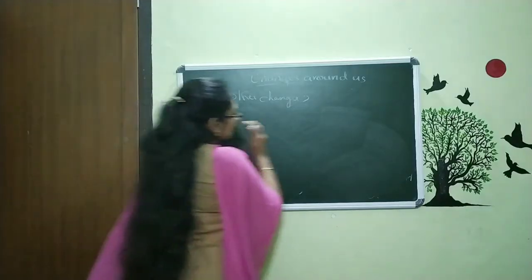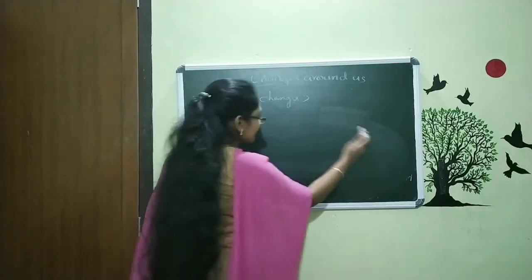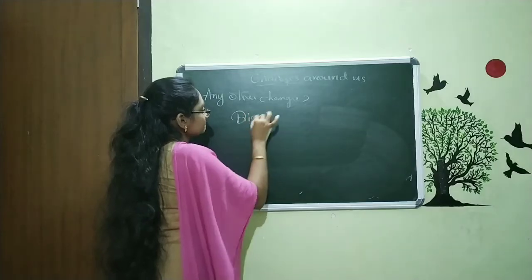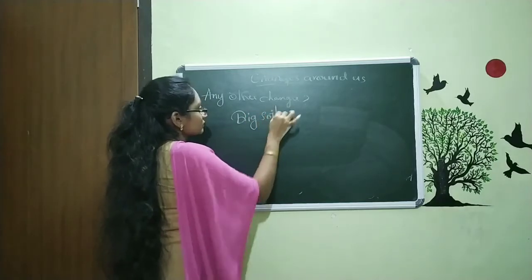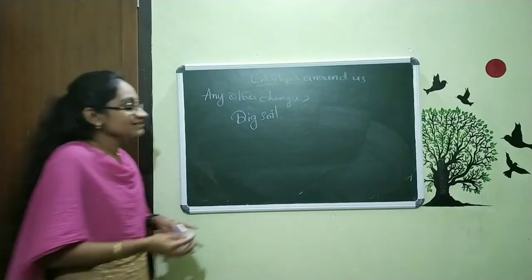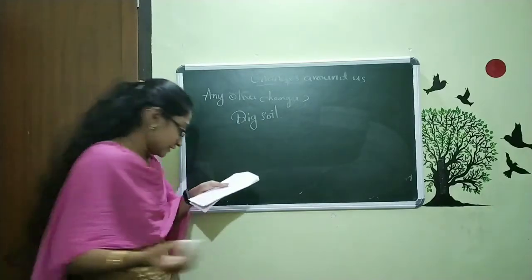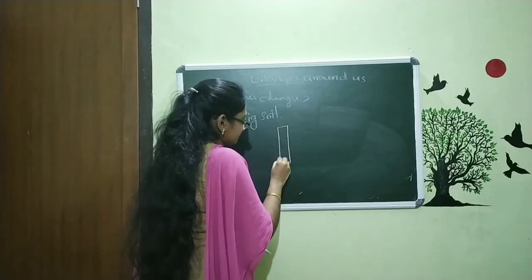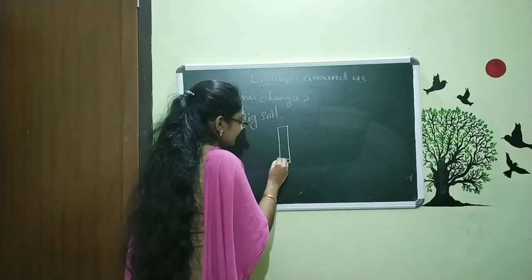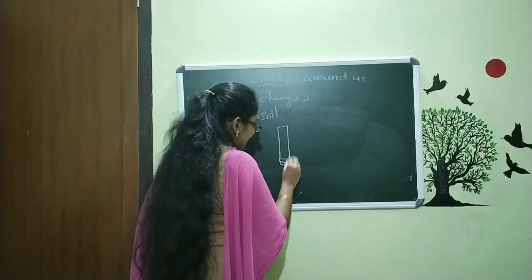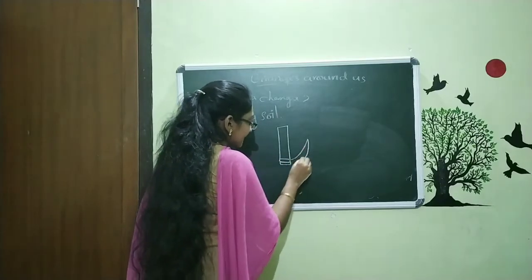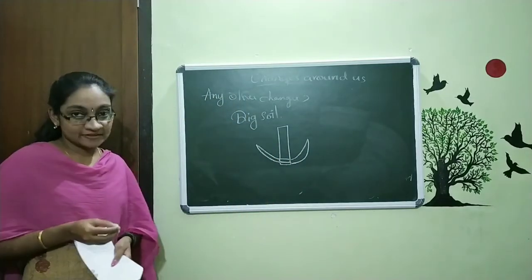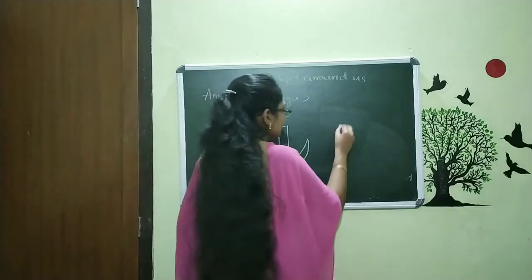Have you ever observed the tools that we use to dig soil within our farm? We can see some sort of tools there. It will have a wooden handle and a metal piece.